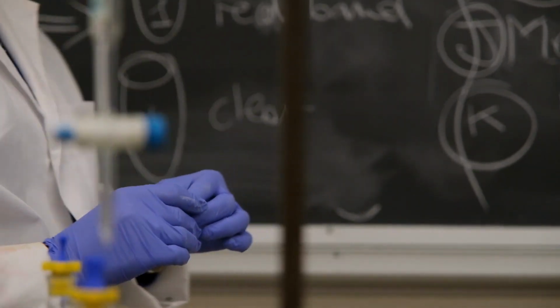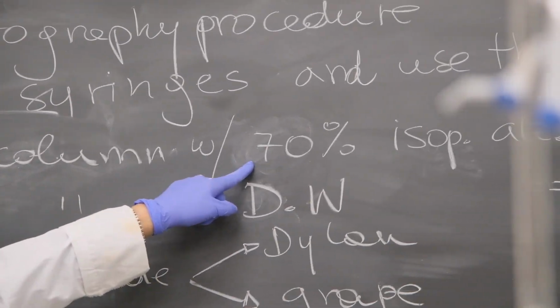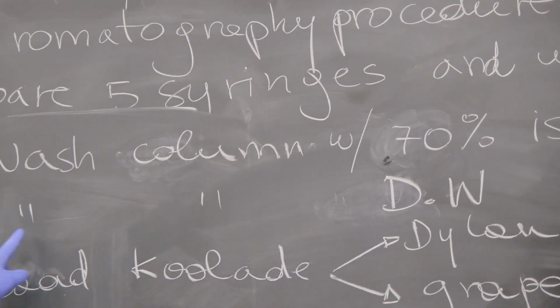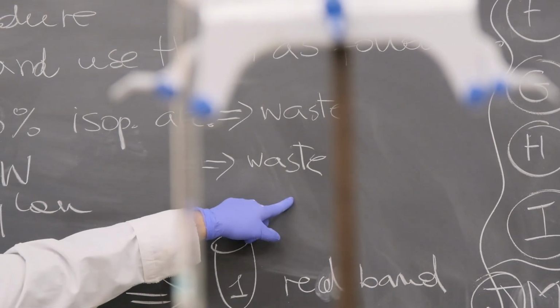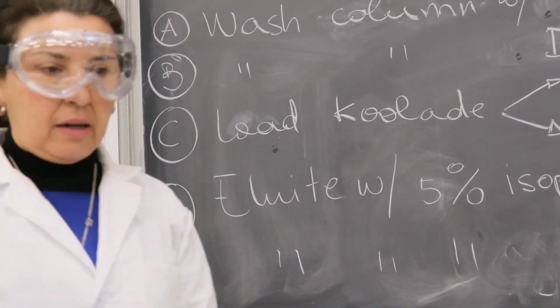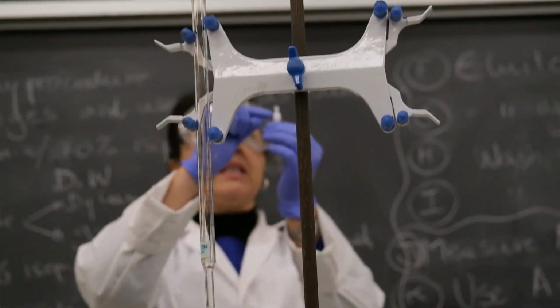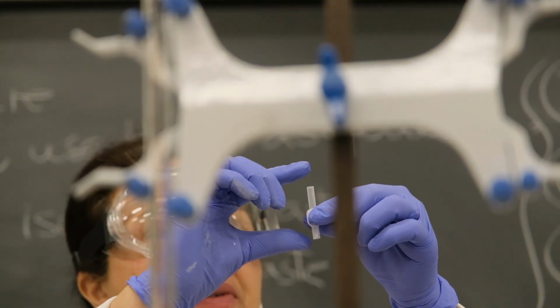Then you wash the column with 70% isopropyl alcohol in the way that I just showed you. Then you wash with the deionized water. These two go in your waste container. Then you load on the cartridge your unknown. So your unknown will be sticking to the top of the column.